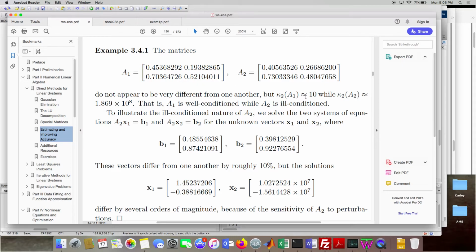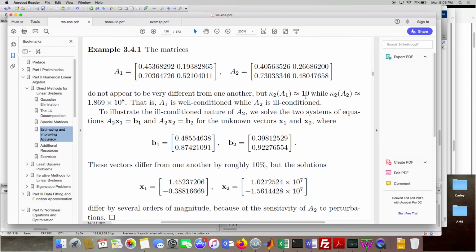Condition number is only 10. By the way, the smallest condition number possible is 1. Like the identity has a condition number of 1. But this matrix has a condition number of 10 to the 8th. So this is really nicely conditioned. This is horribly conditioned. So then I solve two systems of equations.